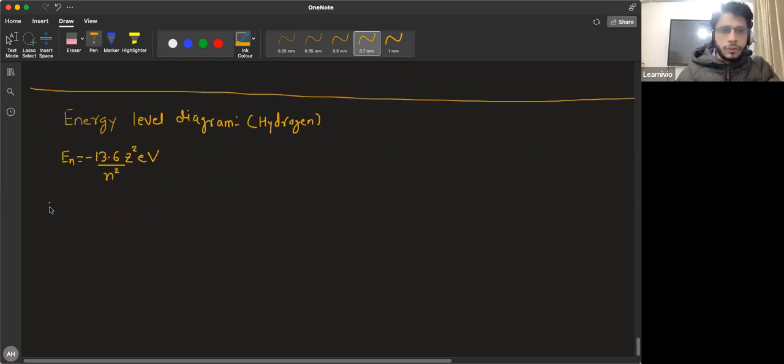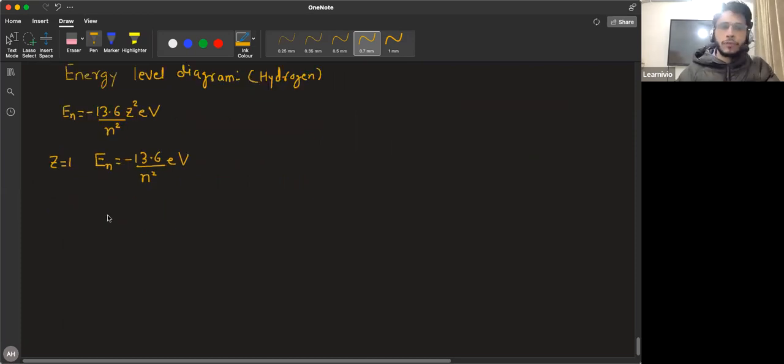For hydrogen, you can put Z equal to 1. So the expression of energy will become minus 13.6 by n square electron volt. Let's draw it for individual atoms. If I take n equal to 1, then E1 will be minus 13.6 electron volt.